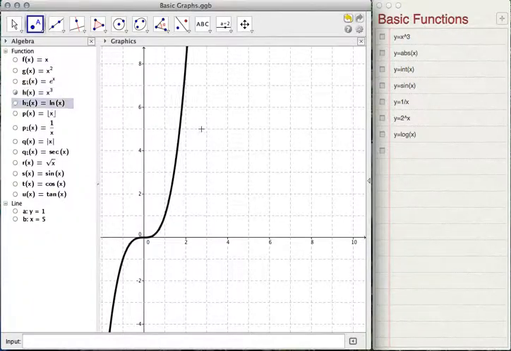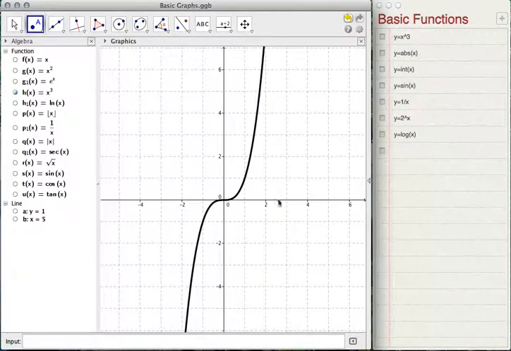The cubic function, y equals x cubed, is an interesting looking one. It kind of comes up and then flattens out and then curves back up again. Some key points to keep in mind for this one: I would memorize that (0, 0) is part of the cubic function, (1, 1) is, and (-1, -1) is.